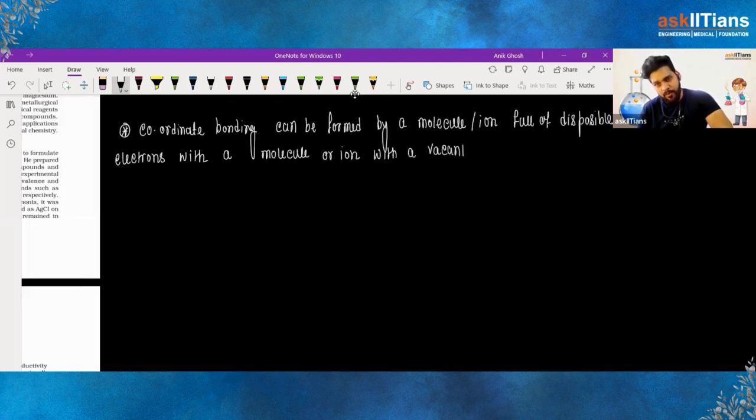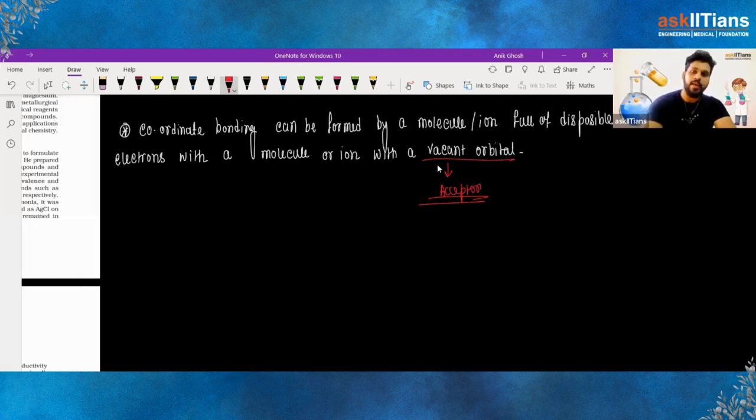Guys, this is very, very important now. You have to have a vacant orbital in the acceptor segment. This is for the acceptor. Whoever would be the acceptor, you have to have a vacant orbital. Only then you can get it. So far we are clear?